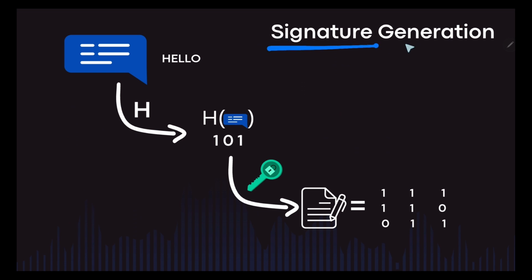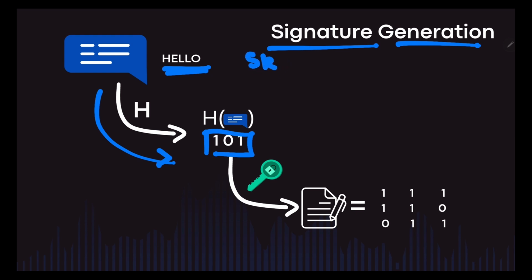Here is the digital signature generation. If we have the message "hello", the hashing function will give us 101. As we discussed in the previous slide, the matrix will be such that this is for the first bit, this is for the second bit, and this is for the third bit.